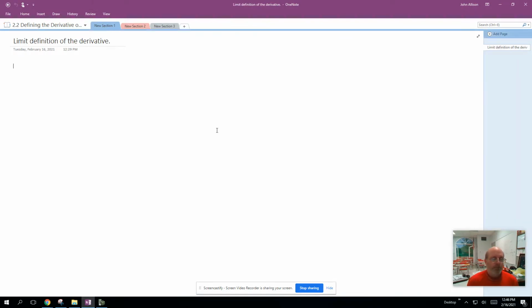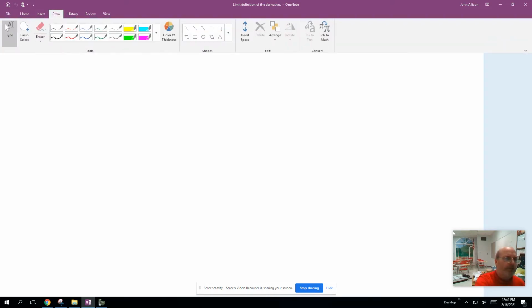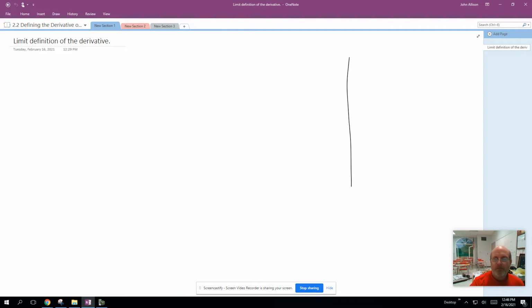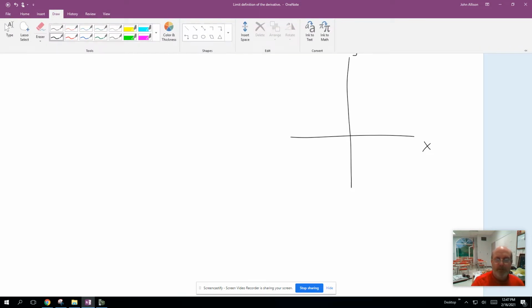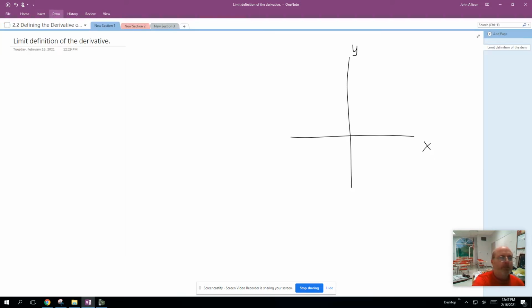We start with the limit definition of the derivative. We want to think about it as an arbitrary function, maybe just a function f of x, doesn't matter what it is.